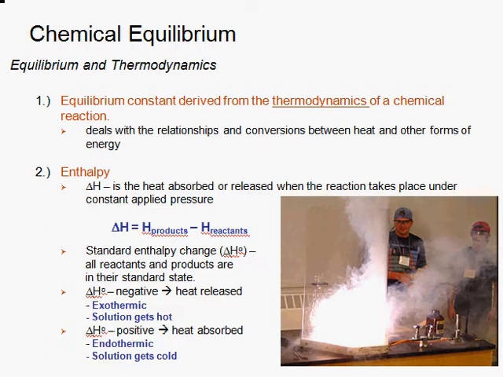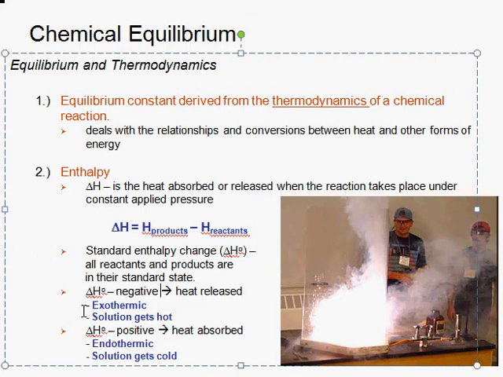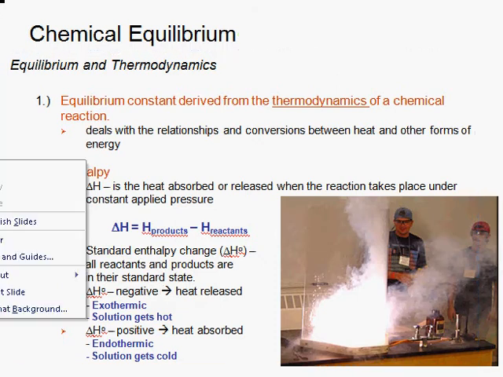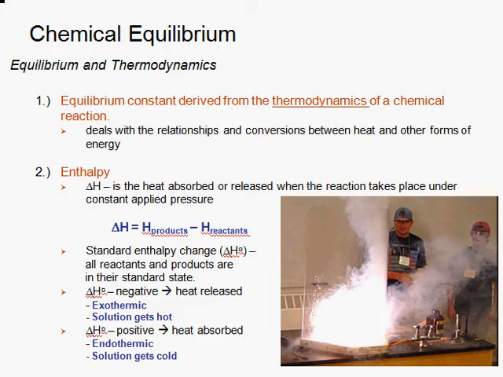Delta H is equal to product minus reactant. Standard enthalpy change is represented by delta H naught, where all reactants and all products are in their standard states. If delta H is negative, it means heat is released, and it is also called an exothermic reaction. If delta H is positive, then heat is absorbed, which means it's an endothermic reaction.